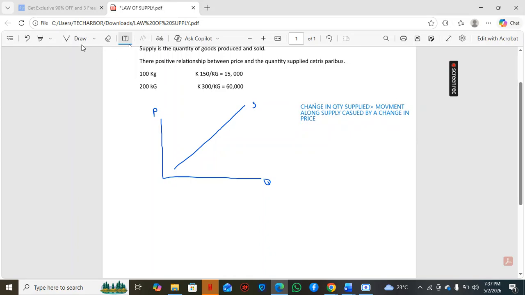So for example, to illustrate, when the Food Reserve Agency is buying maize at 150 kwacha per kg, on the supply curve for this farmer, they'll be able to supply 100 kg of maize.